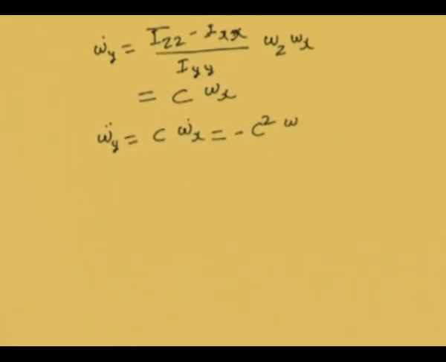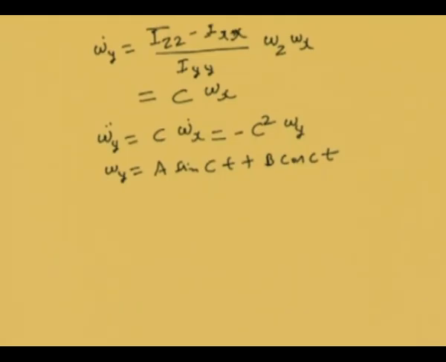Therefore this becomes minus c square omega y, which gives you omega y is equal to a sin ct plus b cos ct, where constants a and b can be found from the initial conditions. Similarly, we can find out the expressions for omega x also.